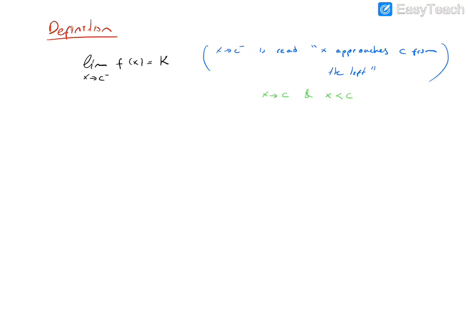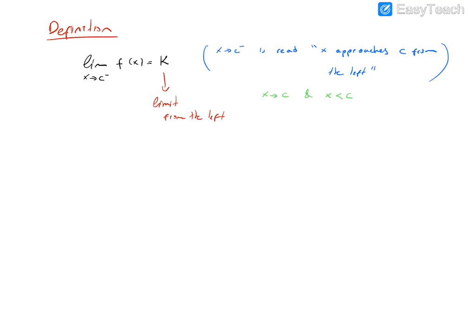We call K the limit from the left, or left hand limit, if f of x is close to K whenever x is close to c on the real number line, with x less than c. So K is called the limit from the left. Sometimes we say left limit.